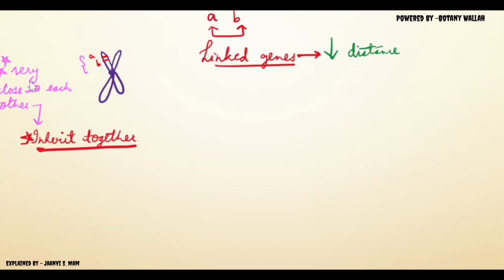If they are very close to each other, they will not participate in crossing over, because it will be very difficult to make chiasmata in this smaller space.